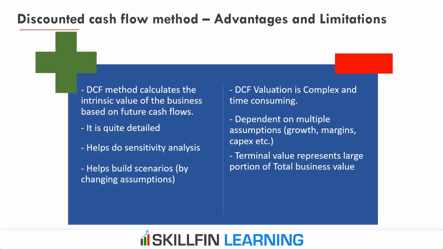Terminal value in this method represents large portion of the total business value of the company. Calculating cost of capital may not be straightforward. There may be industries where cost of capital may differ significantly across players because of various reasons, and calculating the correct cost of capital in such situations may be difficult.